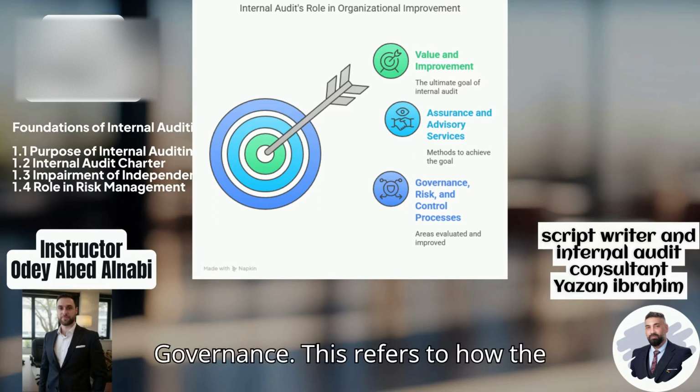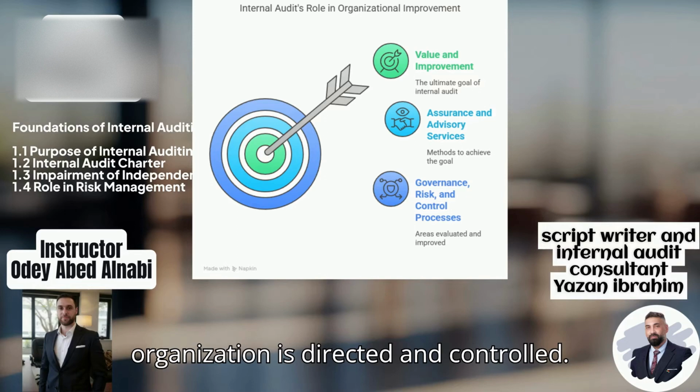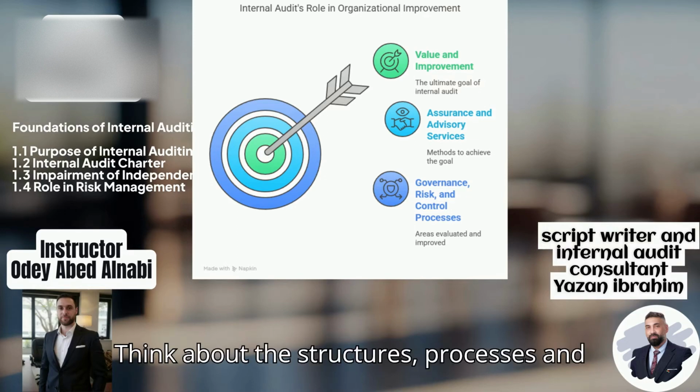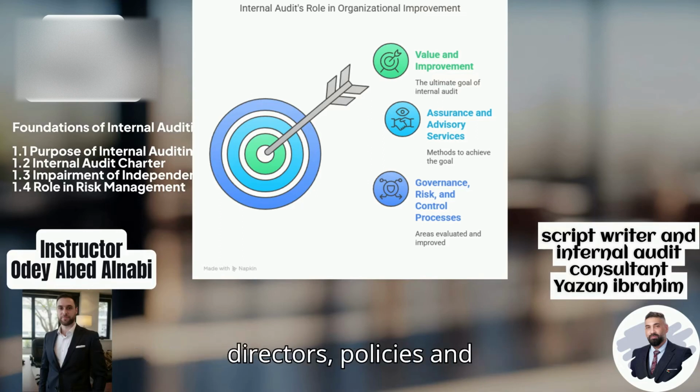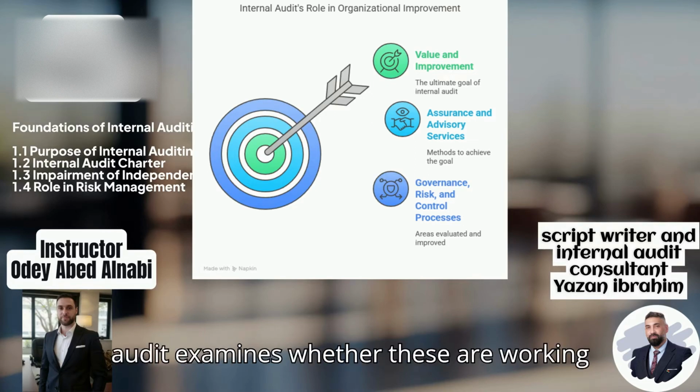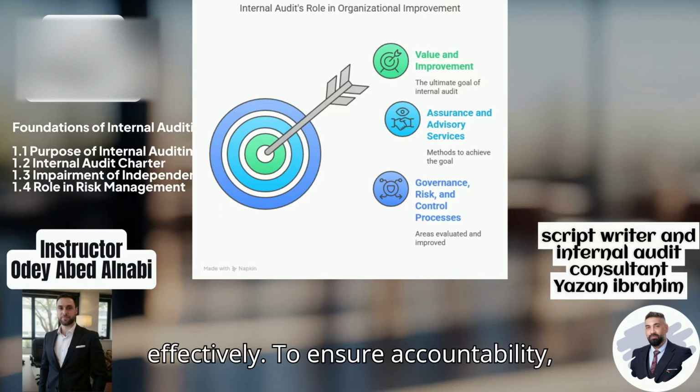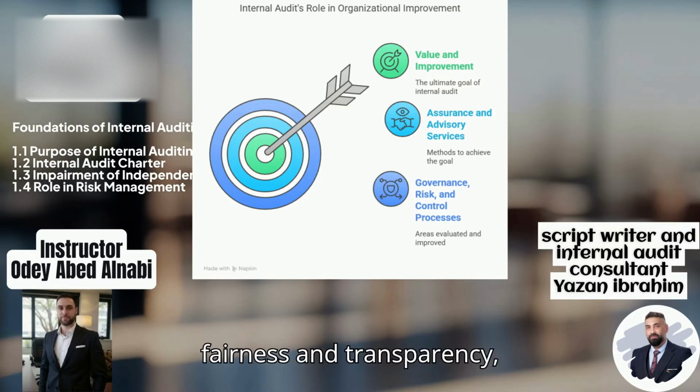Governance. This refers to how the organization is directed and controlled. Think about the structures, processes, and oversight mechanisms, like the board of directors, policies, and ethical guidelines. Internal audit examines whether these are working effectively to ensure accountability, fairness, and transparency.